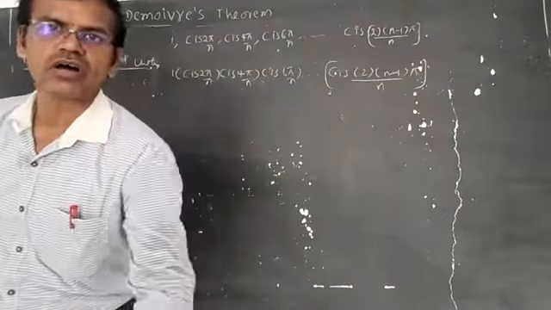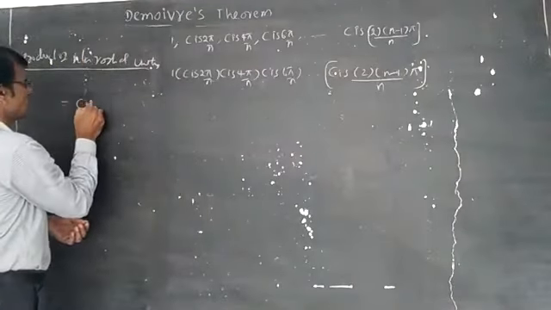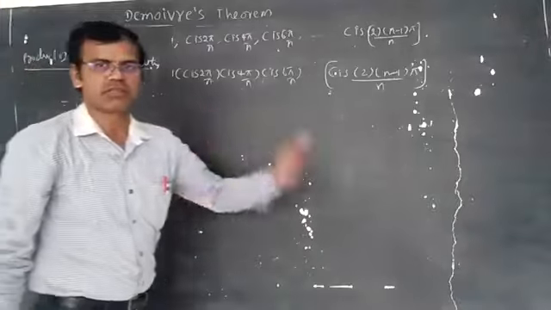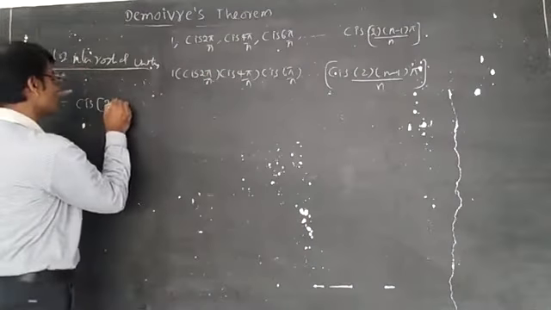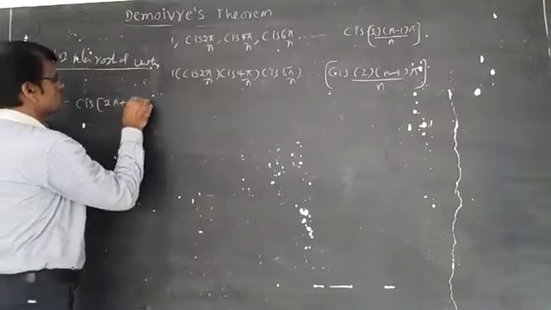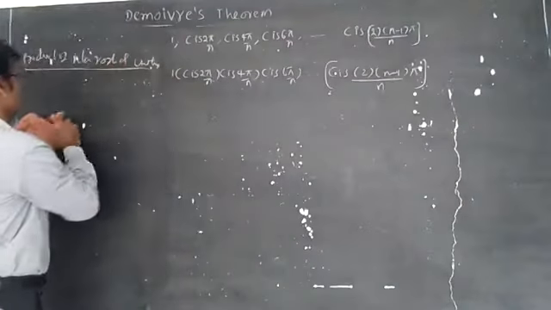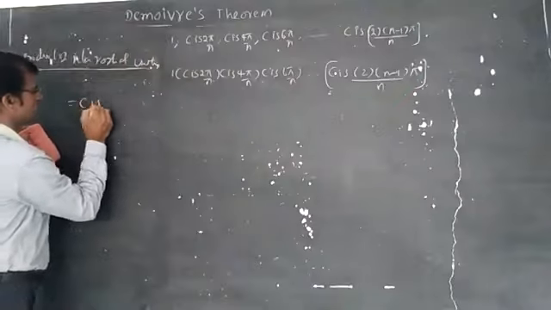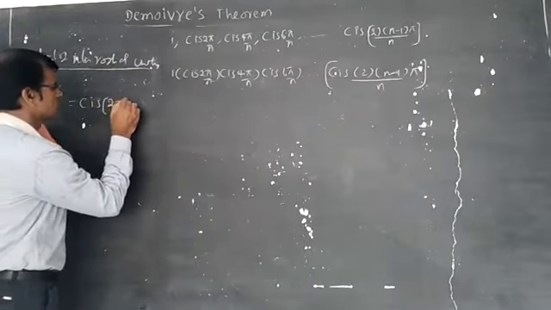Students, cis alpha into cis beta into cis gamma and so on gives cis of alpha plus beta plus gamma plus delta; for everything it is plus. Better to take 2 pi by n common. So cis of 2 pi by n you take common.